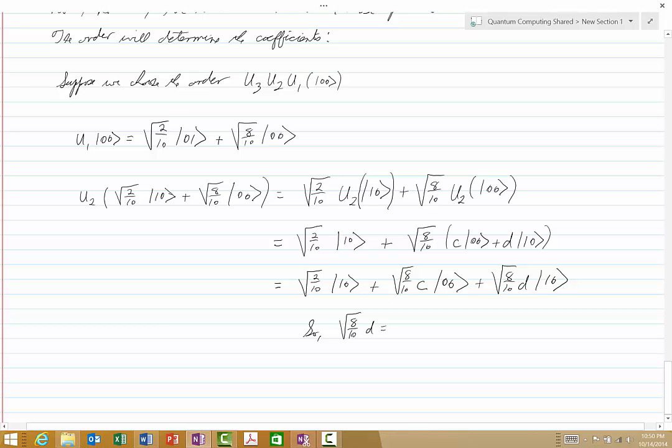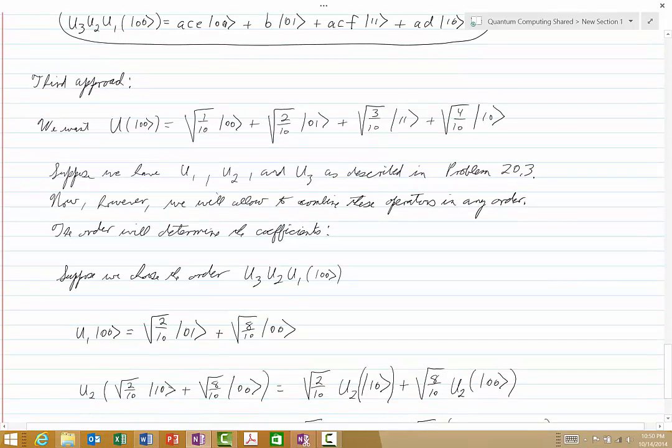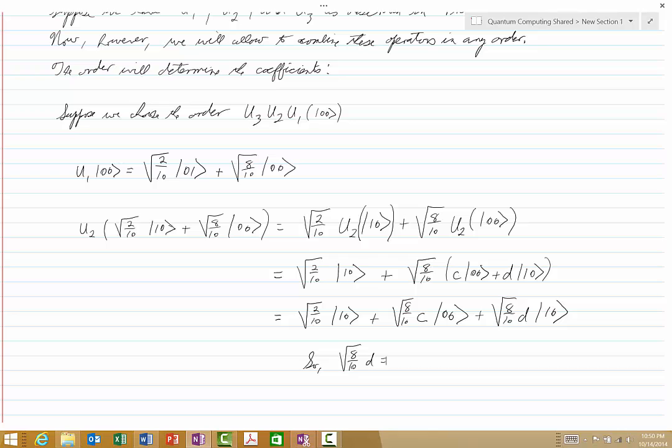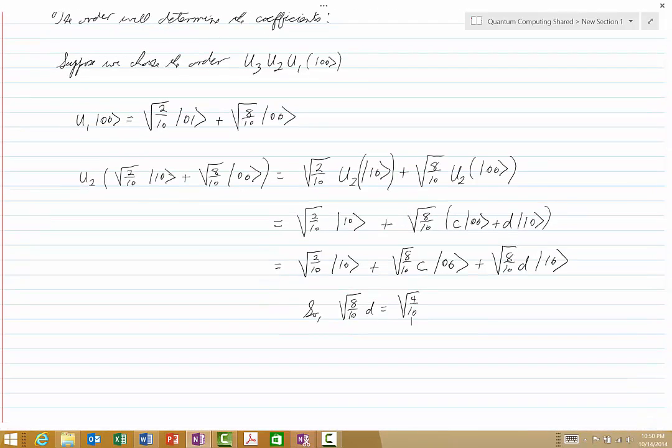So we have square root of 8/10 D is equal to this end result, which will be square root of 4/10 1, 0. So we get square root of 4/10, and therefore D is equal to square root of 1/2.